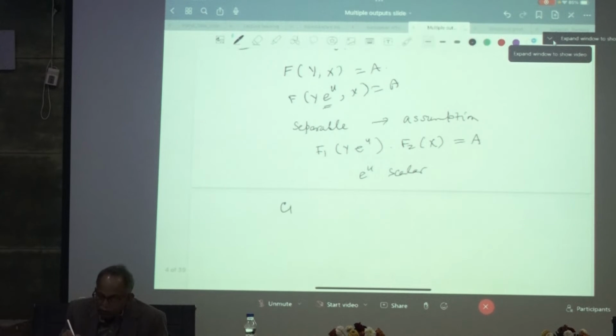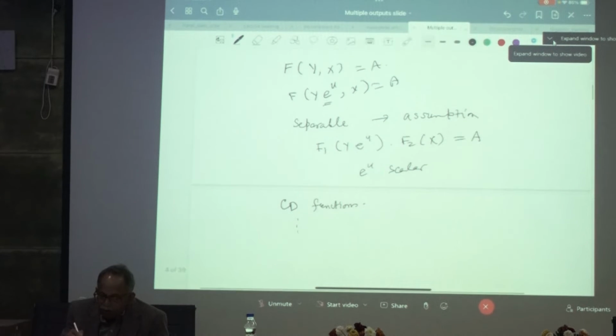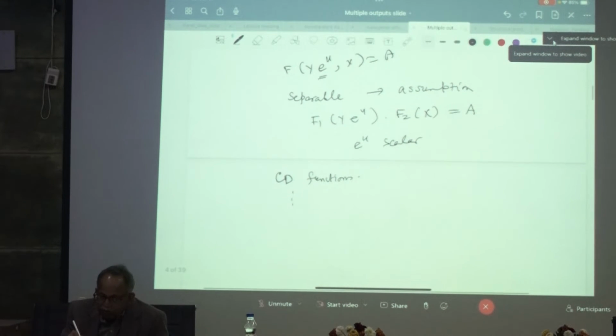So if we assume Cobb-Douglas functions for both f1 and f2, then I'm not going through all of it. You'll be able to say that log of y1 is equal to, on the right hand side, you'll be getting... now let's look at this log of y2 over y1.